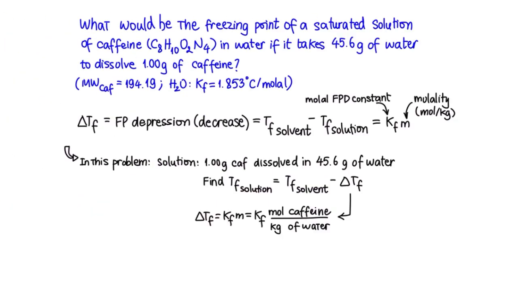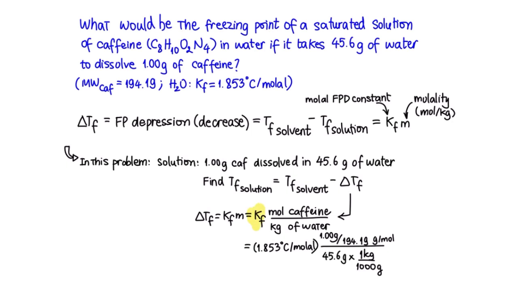So to find the freezing point of the solution, all we need to find is the freezing point depression, delta TF. The formula to calculate delta TF is Kf times molality, and if we expand on that, we have Kf times moles of caffeine divided by kilograms of water. So we can start plugging numbers in.